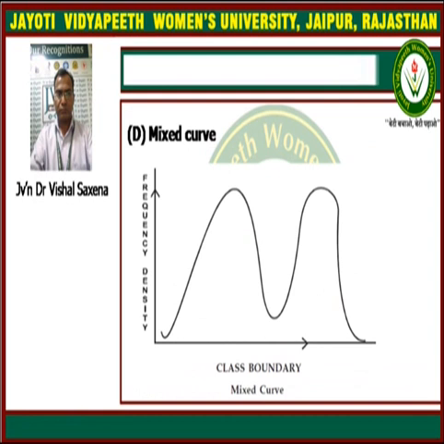When these three curves are taken combined, this type of curve is called the mixed curve. This is the fourth type of frequency curve, in which the frequencies are not either increasing continuously or decreasing in a steady form.